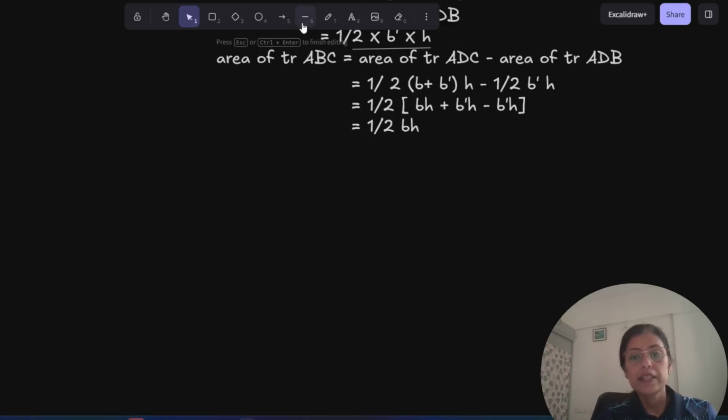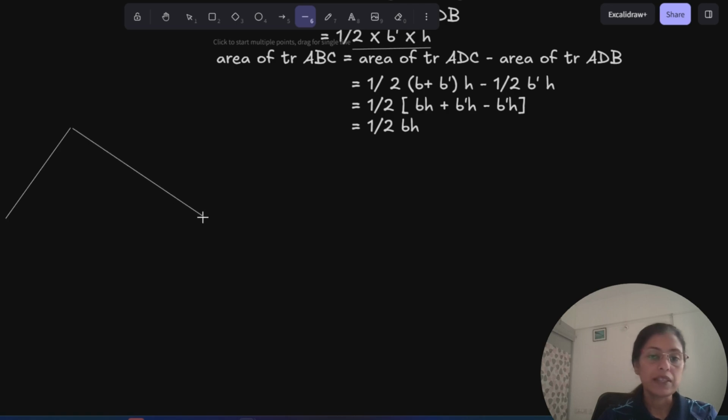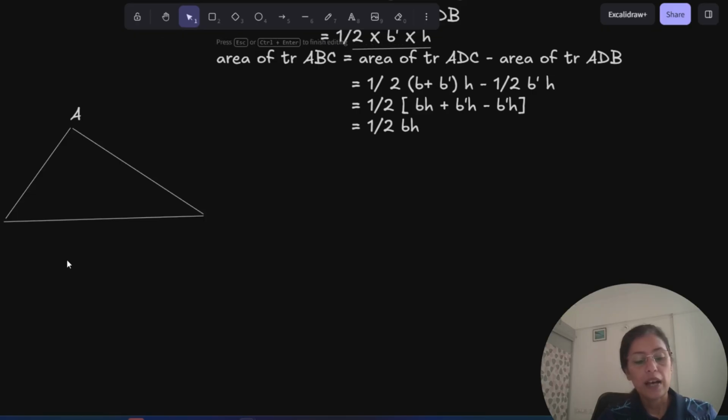So with this, we come to another interesting property, or maybe we can say we can find out or derive a theorem. So we have A, we have B, we have C here. This is our triangle ABC.